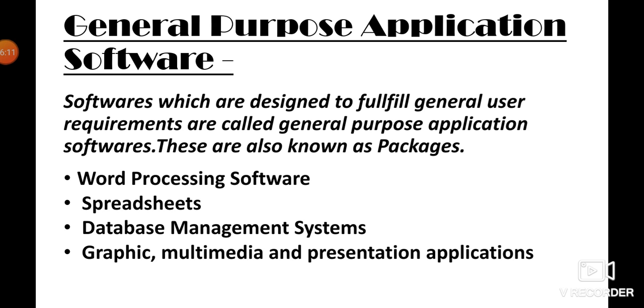MS Word comes with the MS Office Suite package, and that suite contains many other software like the spreadsheet, meaning MS Excel here. The MS Office package comes with MS Word, MS Excel, MS Access, and you will find some other software also. So here you can understand the meaning of package.